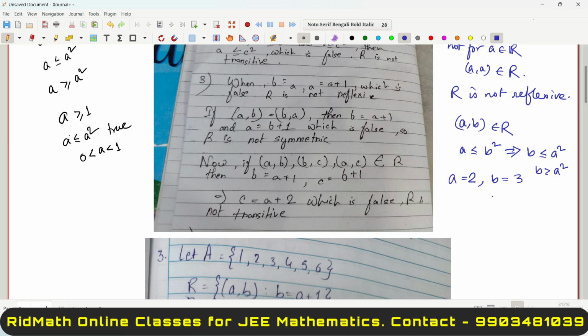Let us take some example. Here, b square, which is 3 square, is 9, and 9 is greater than 2, and b, which is 3, is less than a square, that is 4.